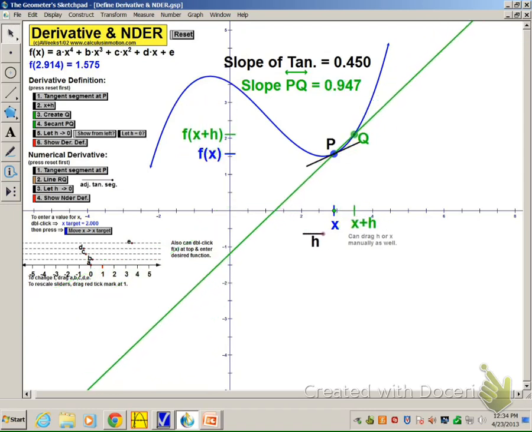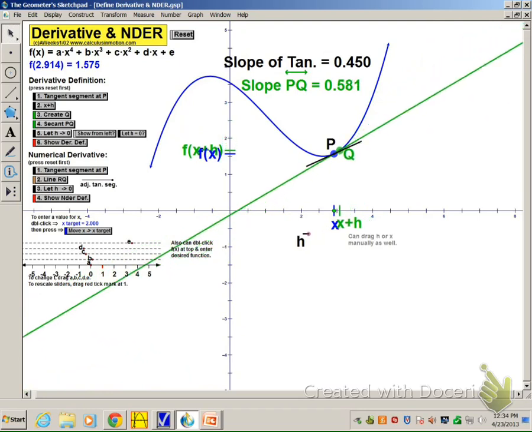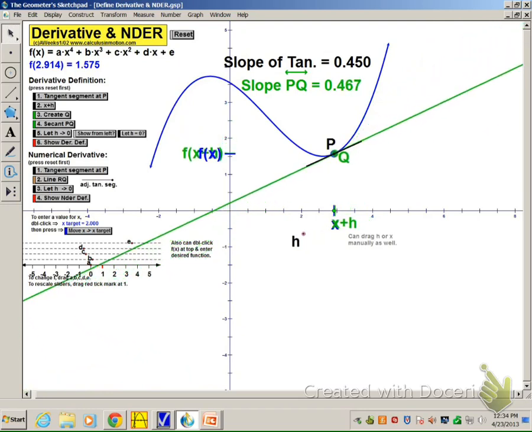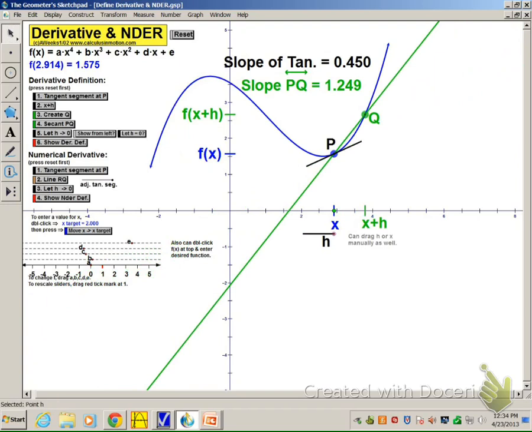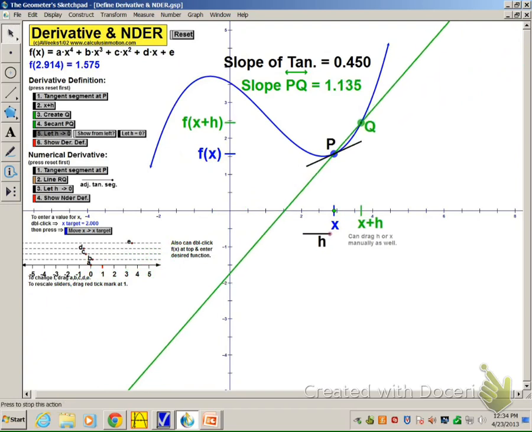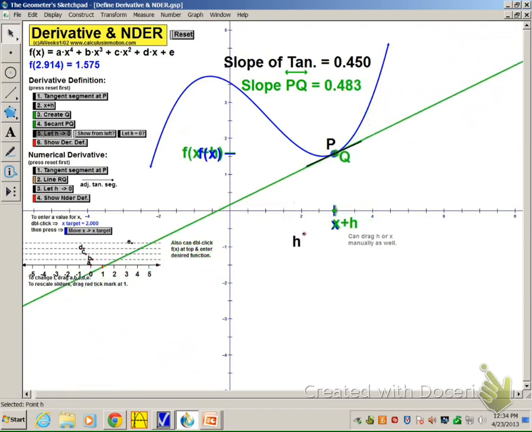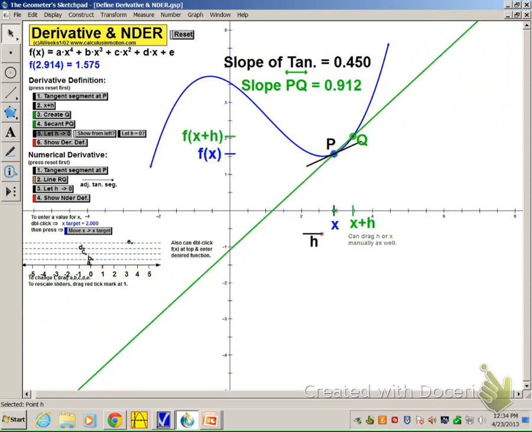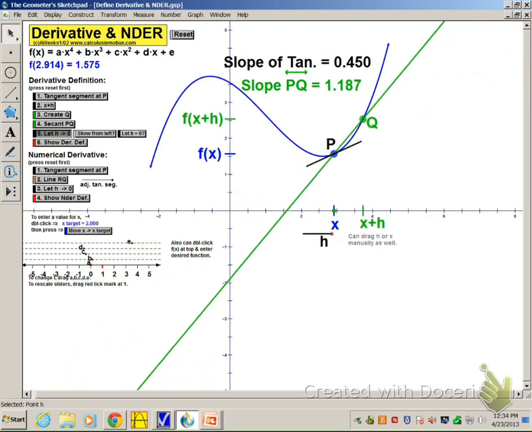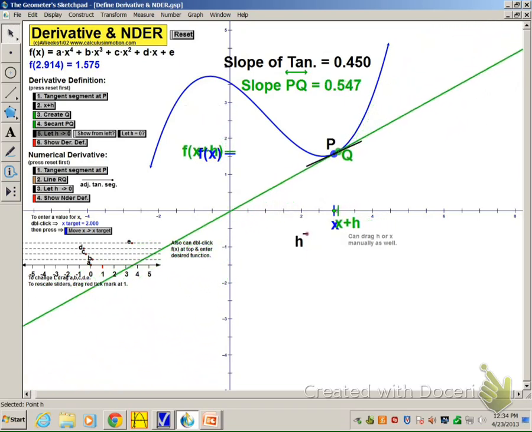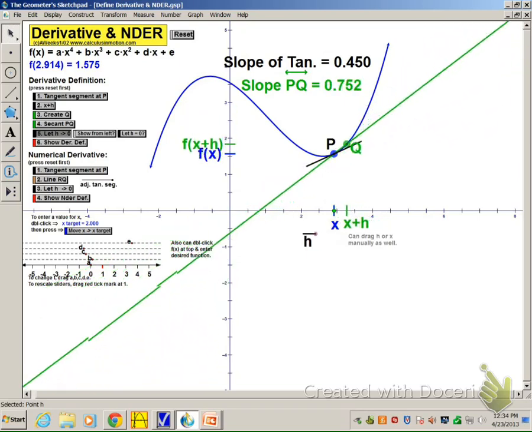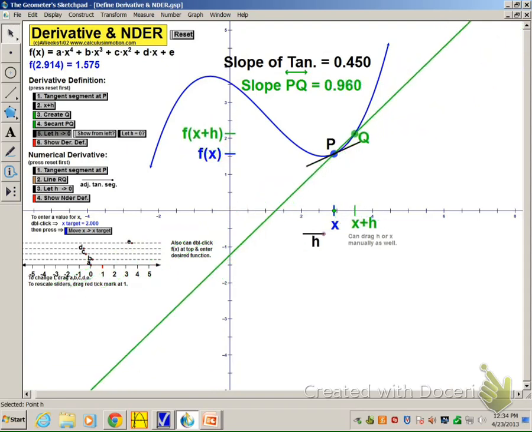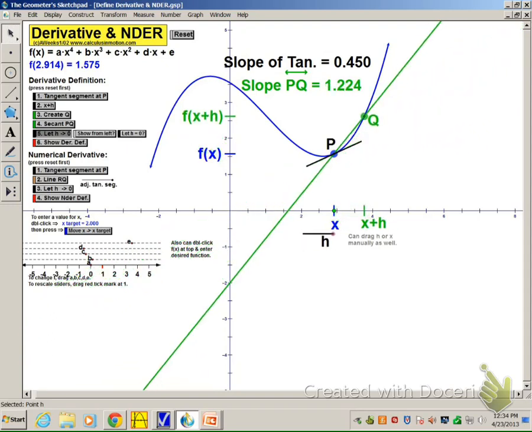In other words, the slope of the tangent line is the limiting value of the slope of the secant line. So I'm going to animate this, let h go to 0, and you can see this over and over again. As h goes to 0, the secant line approaches the tangent line, and therefore their slopes are getting closer and closer together as h gets smaller and smaller.